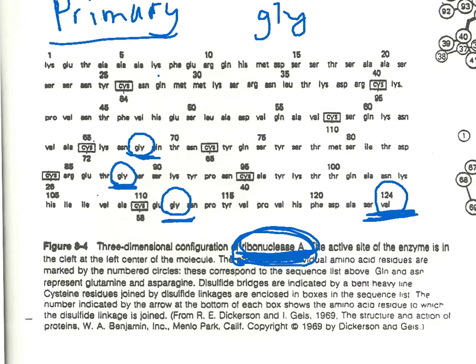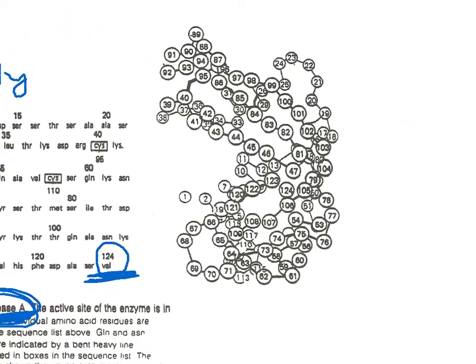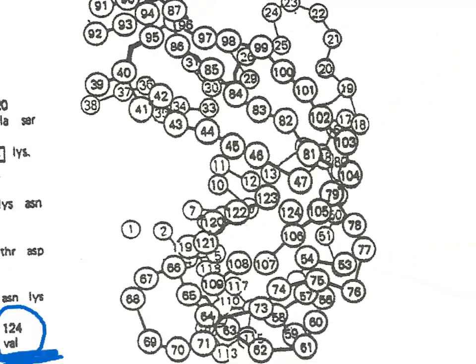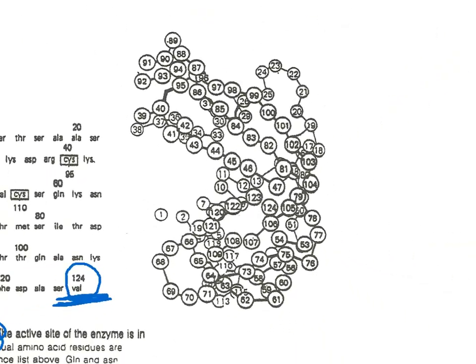Let's look over at this drawing right over here, and let's get that just a little bit bigger. Whoa, that was a little too big. There we go. Right smack dab in the middle there. And so what do we have here? We have a bunch of little circles connected. The circles have numbers inside. For example, here's 41, 42, 43, 44, 45, 46.